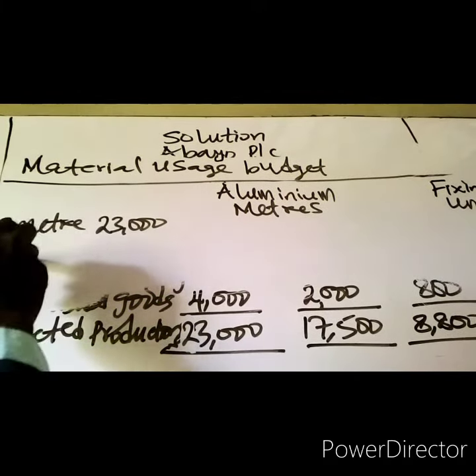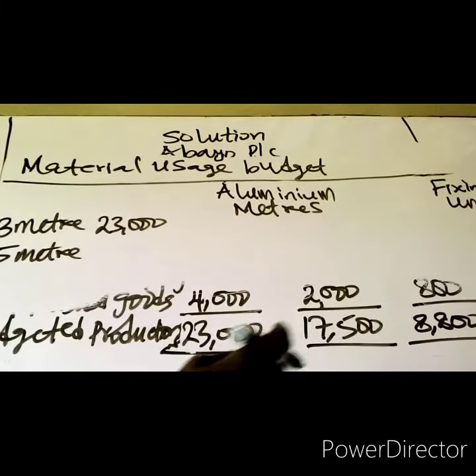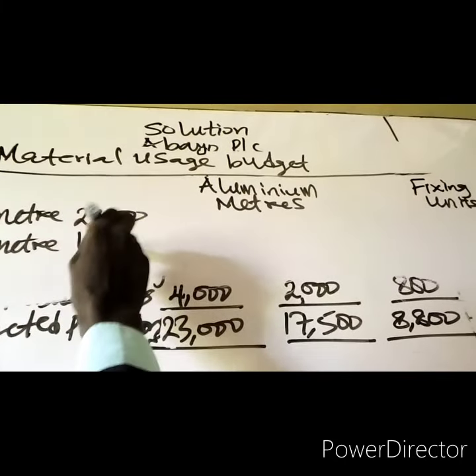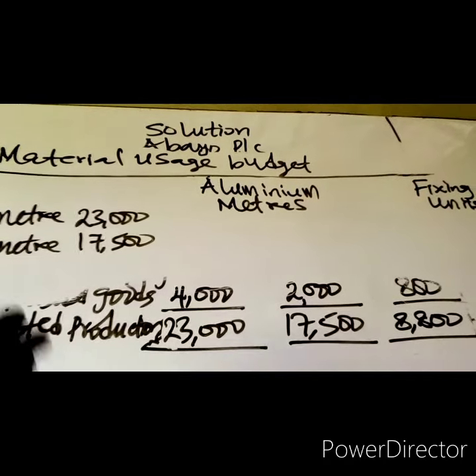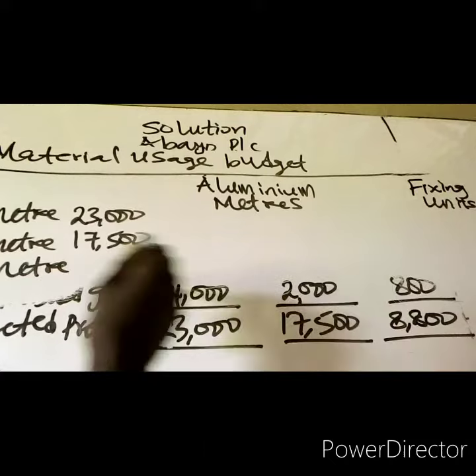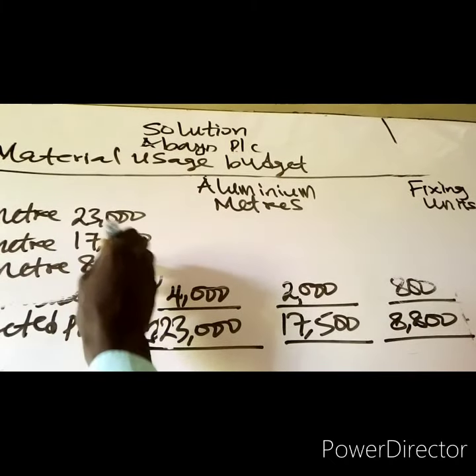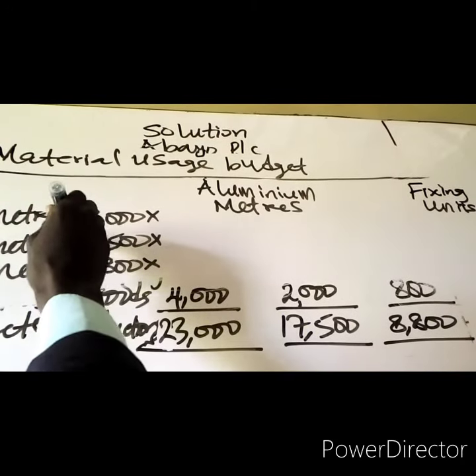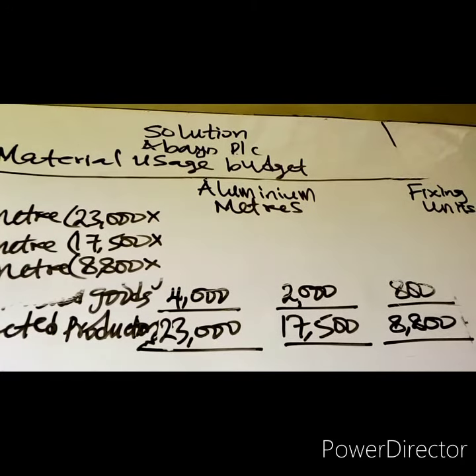For 5 meter, the budgeted production is 17,500. And for 10 meter, the budgeted production is 8,800. You multiply this by the expected usage.